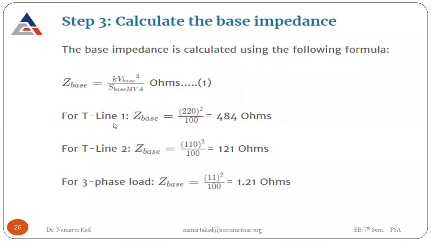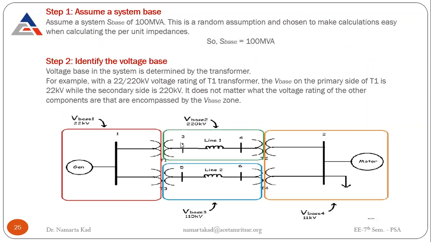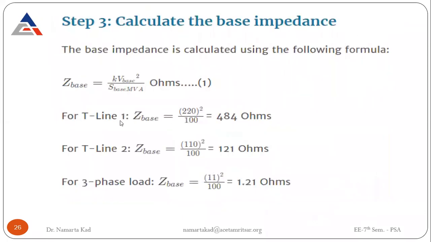So for transmission line 1, the Z base is calculated as follows. Transmission line 1 works on a kV base of 220, and the MVA base is 100 for all. So for line 1, Z base is equal to 220 square divided by 100, which comes out to be 484 ohms.